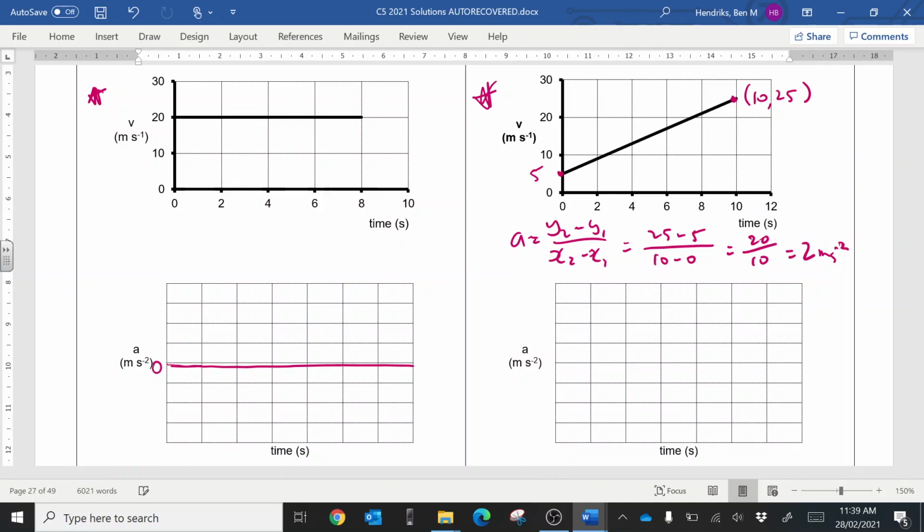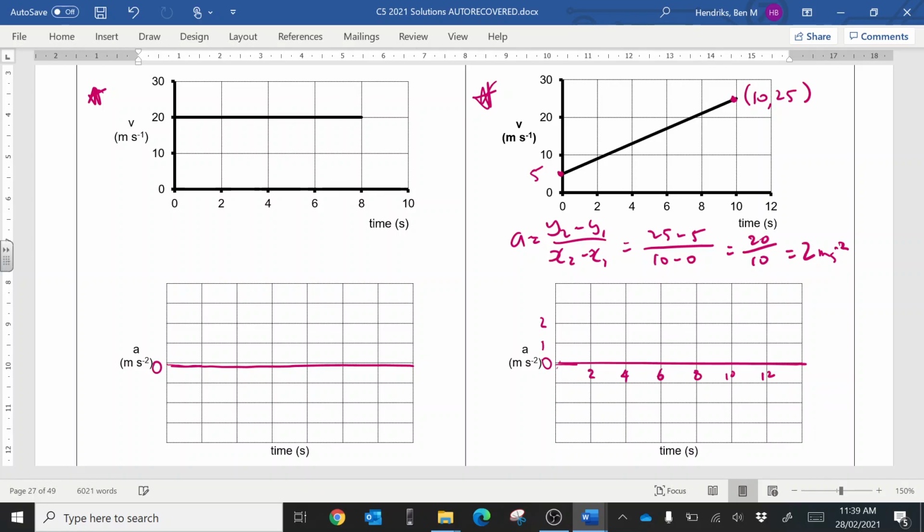So let's draw in our axis. Okay, so that's our 0 line, and 1, 2 for our acceleration. The time axis here is 2, 4, 6, 8, 10, and 12 seconds, so those don't quite line up.